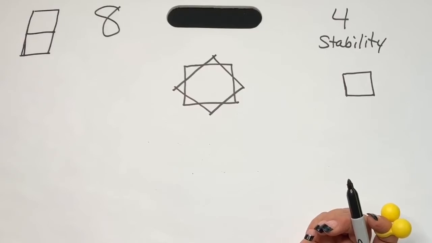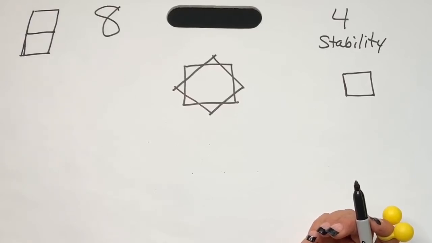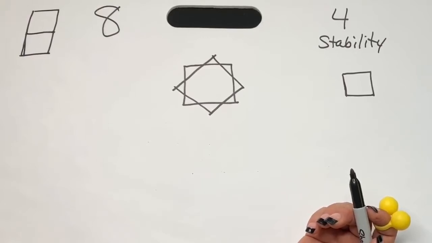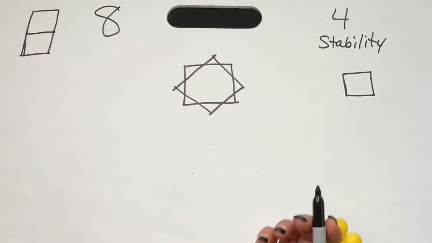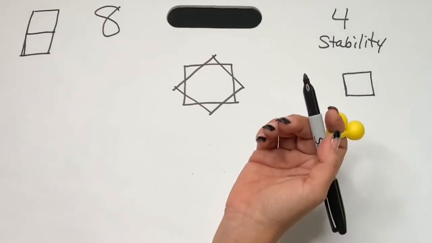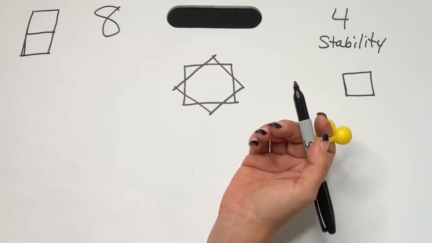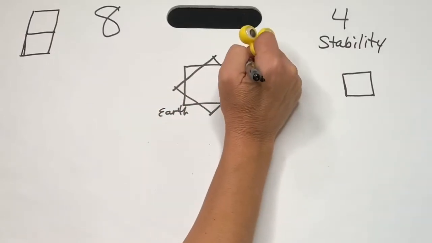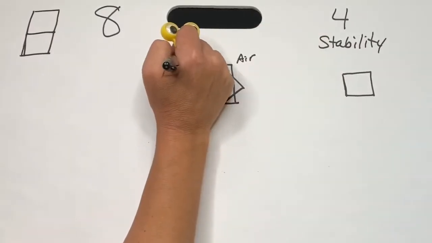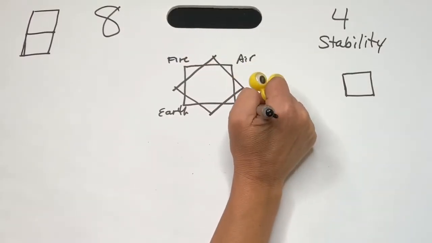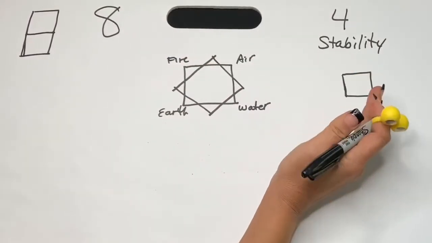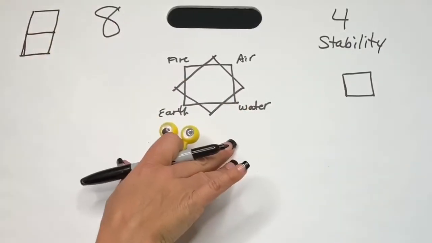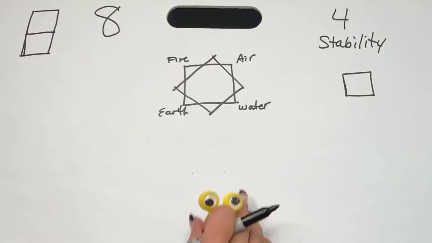Now, to that end, the 8-pointed star is... oh gosh, how can we start with this? Okay, we have Aristotle's elements, for example: earth, air, fire, water. There's so much in creation and in philosophy and in history and even in everyday objects that use the 8 that you don't even realize where it comes from.